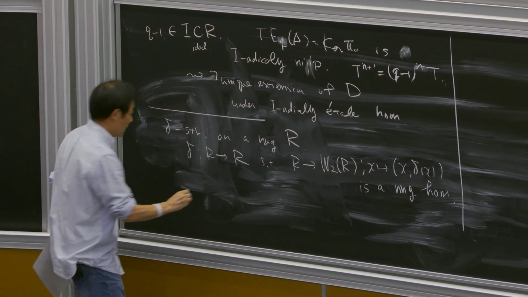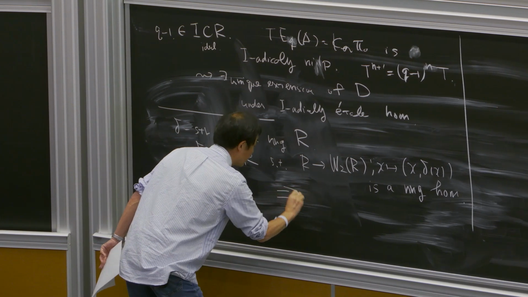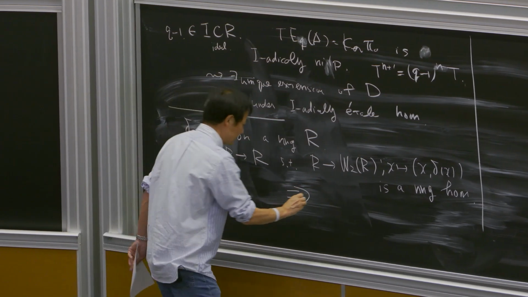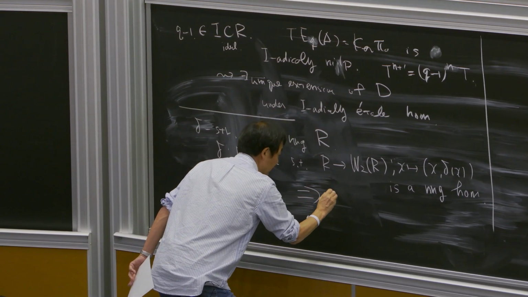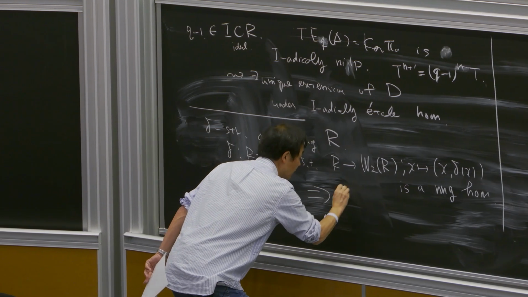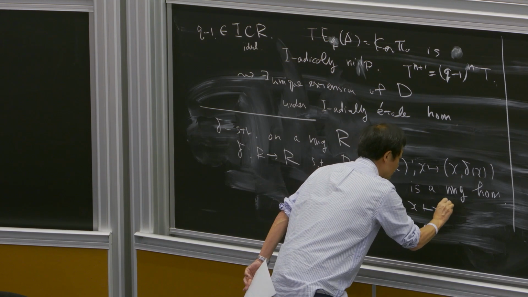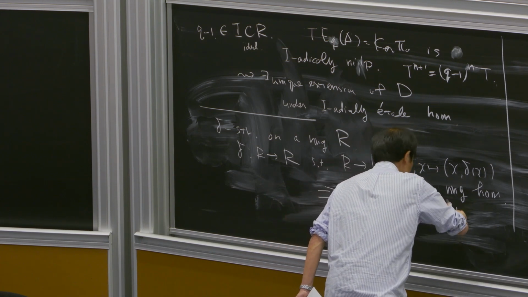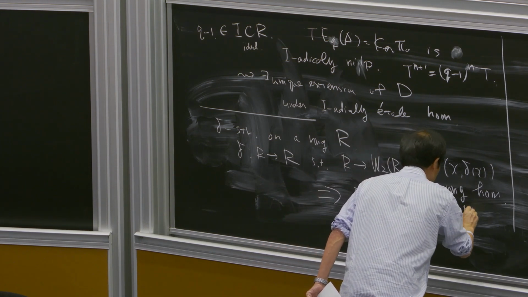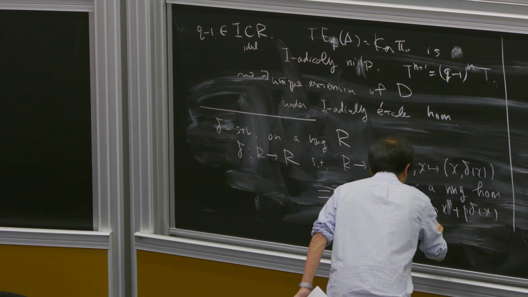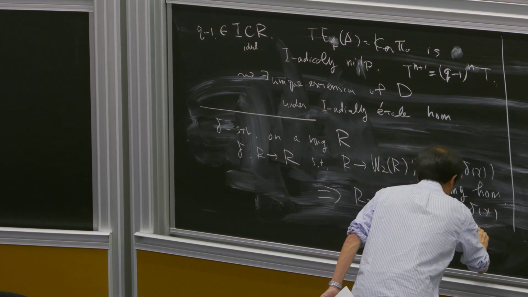This condition implies that the map from R to R, which sends x to x to the p plus p times delta x, is a homomorphism.